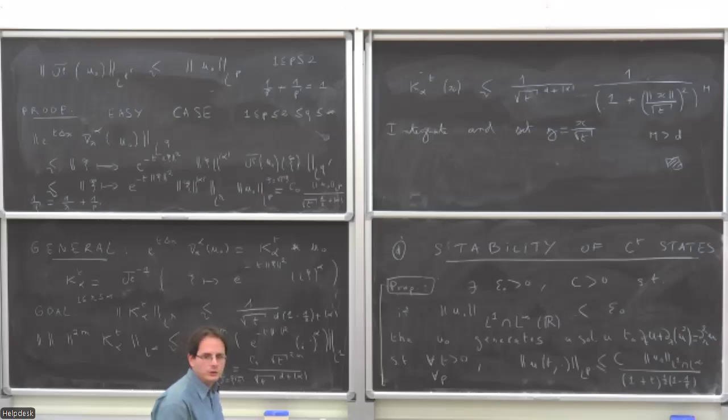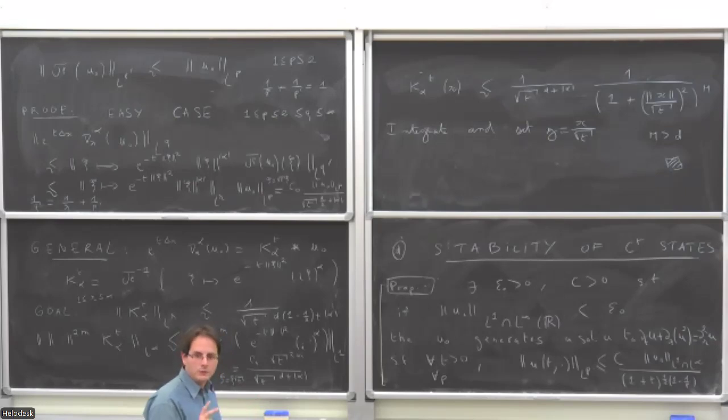There are many ways to do that. I just want to show you one that I think is quite robust. Note that the decay is not very strong. If you just look at infinity, it's like 1 over square root of t, so it's far from being integrable, for instance. So I need the structure to help.